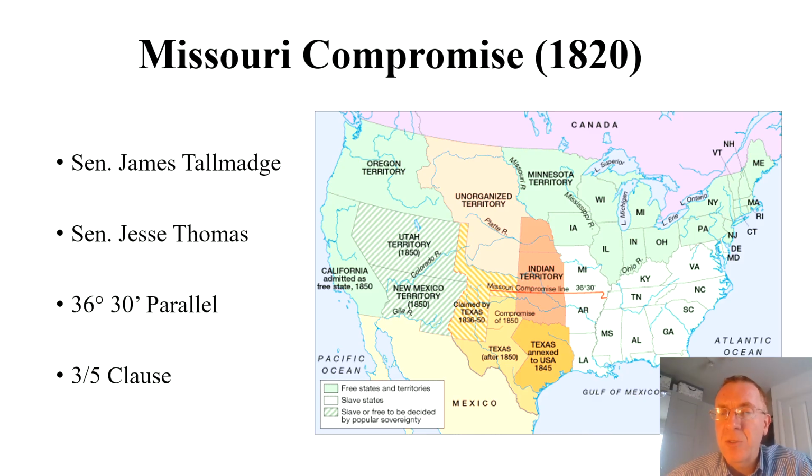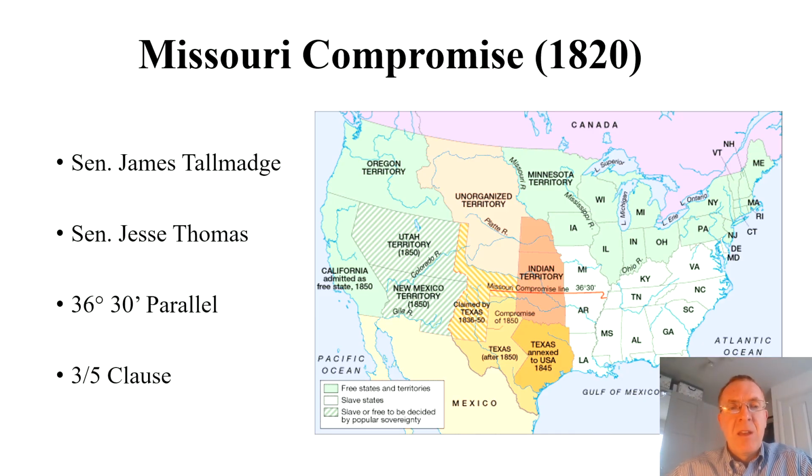At that point, almost all the territory south of it actually was Mexico, not United States territory, whereas all that Minnesota territory, the unorganized territory, Oregon territory, that's all American territory. So there's a lot more room for free states to enter the Union than slave states. American South politicians understand that, and they immediately panic.